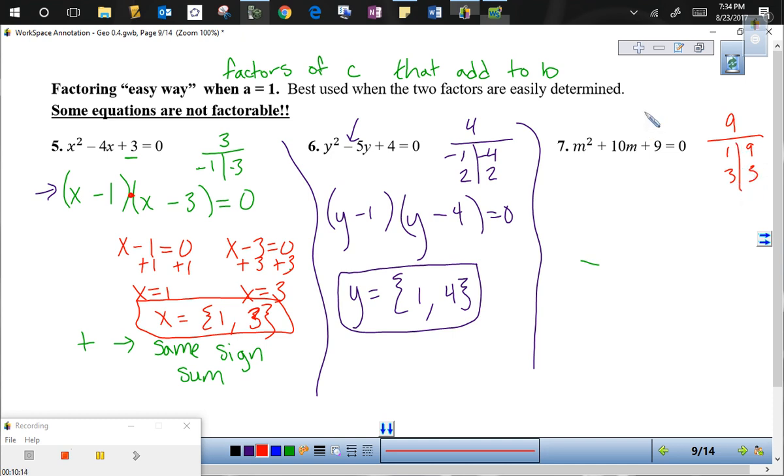In this case, we're looking for a sum of 10. 1 and 9 is going to do it for us. And in this case, it's positive, so we need both positive here. So, m plus 1, m plus 9 equals 0. That makes our two solutions, -1 and -9.